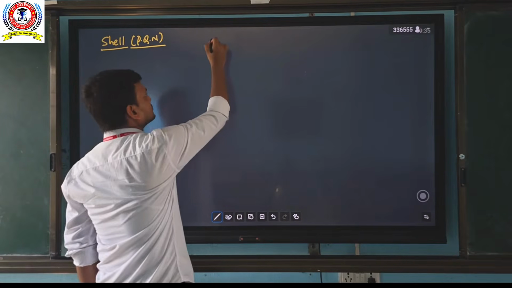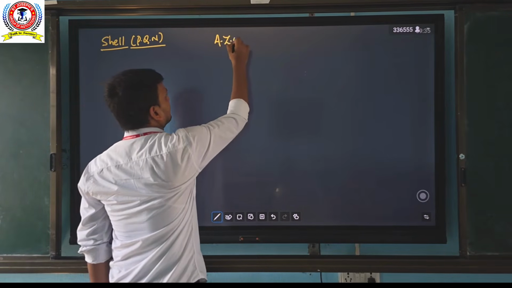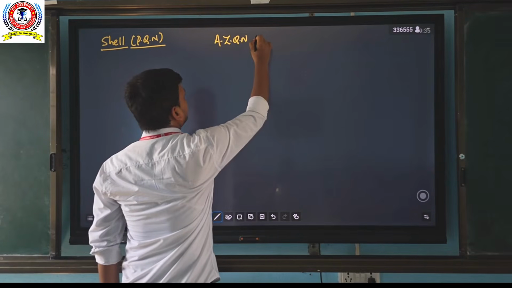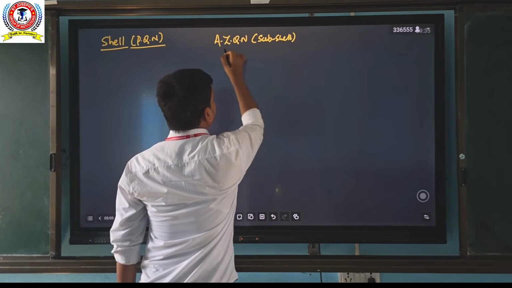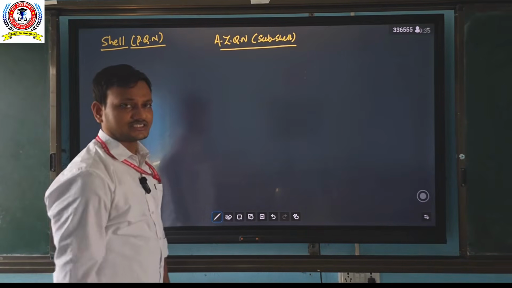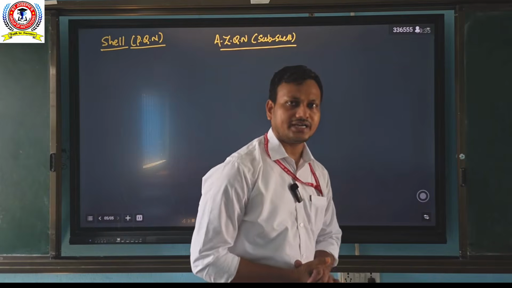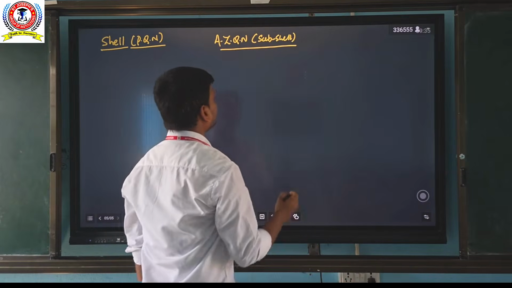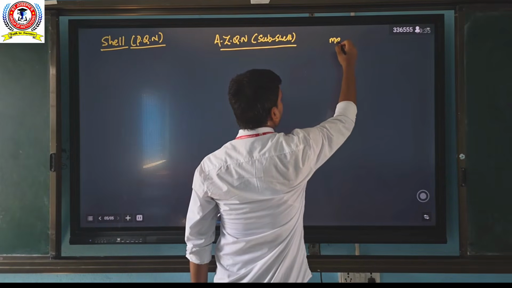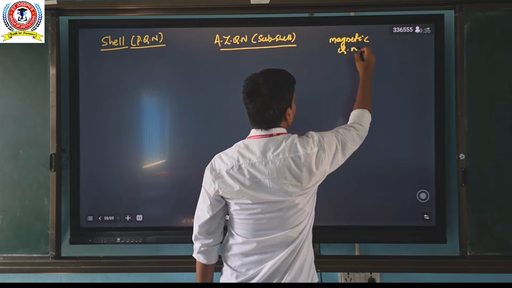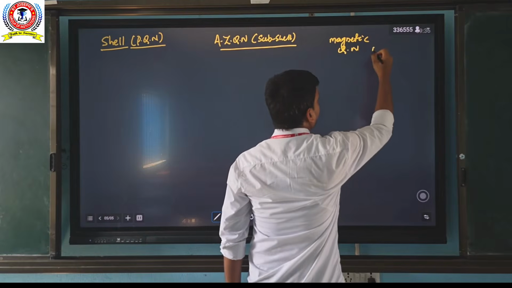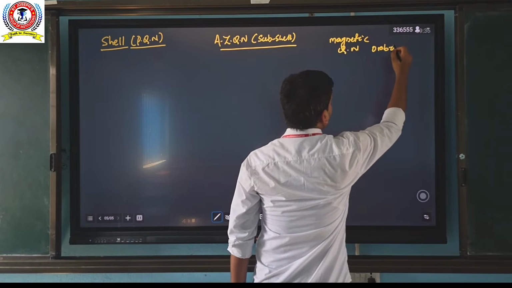The azimuthal quantum number gives an idea about the subshell. The third quantum number is the magnetic quantum number, and it gives an idea about the orbitals.